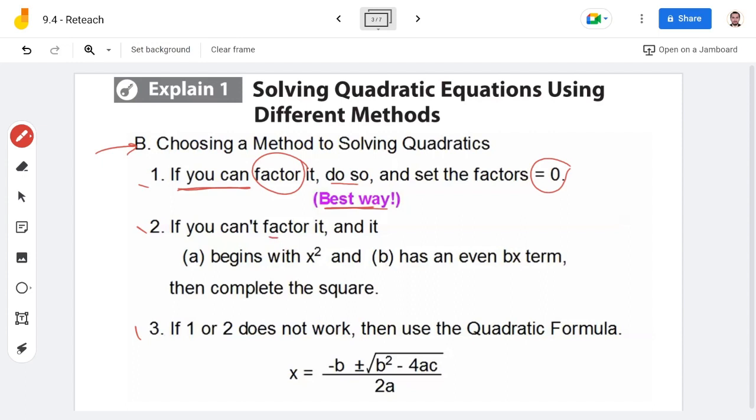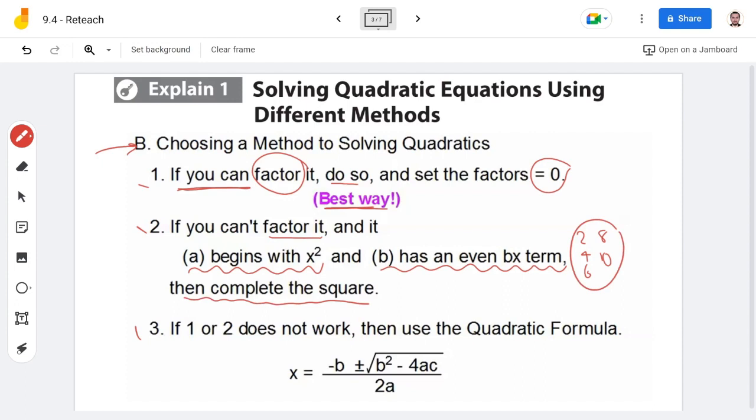If you can't factor it, and a begins with x squared and b has an even term, even means 2, 4, 6, 8, 10, or whatever, then complete the square.